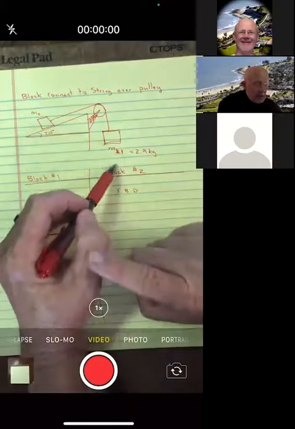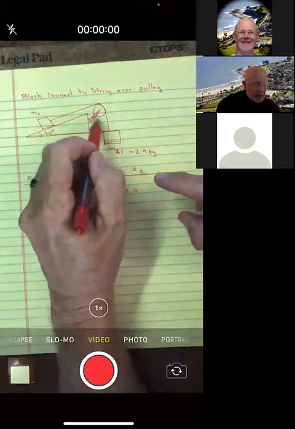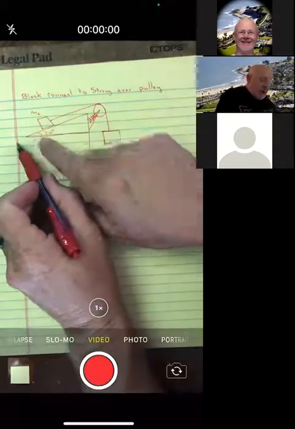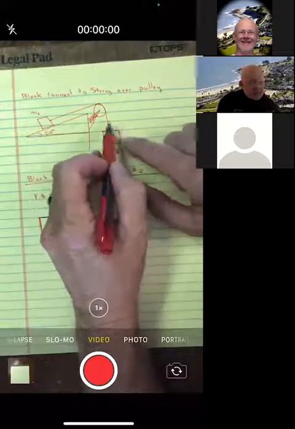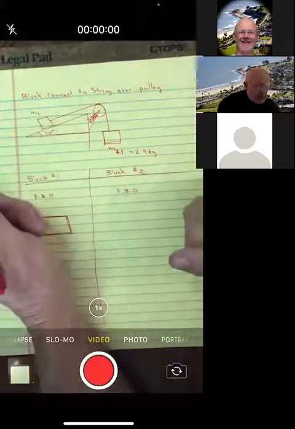Block 1 is trying to go down and move everything, which would turn the pulley in a clockwise direction. But block number 2 is trying to go down the incline, which of course would pull block number 1 up and make it go in a counterclockwise direction. So that's our competing forces here.